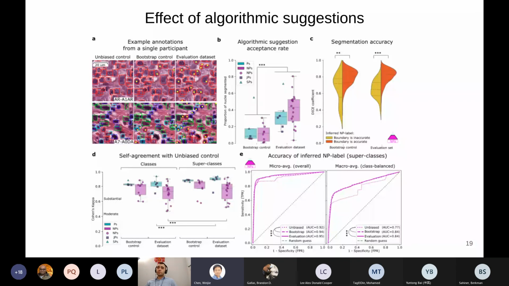So I'm wondering, do you look at the agreement among the junior pathologists or non-pathologists versus the senior pathologists in using these suggestions or software assistance, how that will reduce their variability, for example, or affect their performance even.